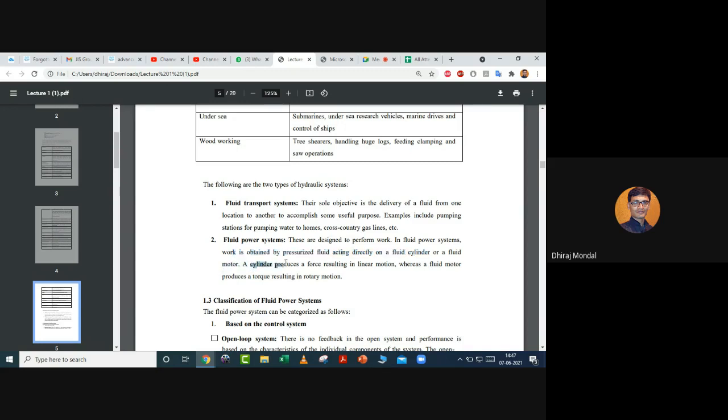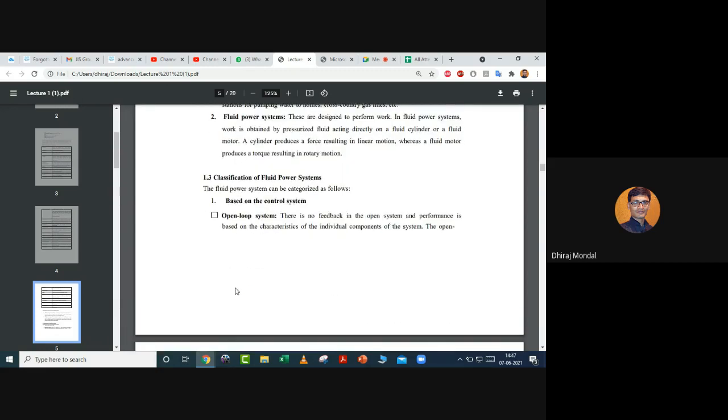A cylinder produces a force resulting in linear motion, whereas a fluid motor produces a torque resulting in rotary motion. So I am just using the pressurized fluid for a particular purpose. So these are the things.